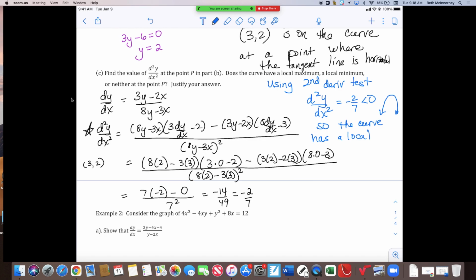So does it have a local max or a local min? A local max. So that is pretty darn cool.